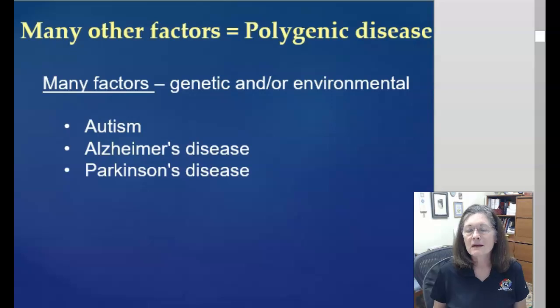So in most of these cases, all those factors are not known. But, for example, on chromosome 18, there are a few genes that have been found to be deleted more often in someone with autism than they're found deleted in someone without autism. So that gene is thought to be a risk factor for autism.